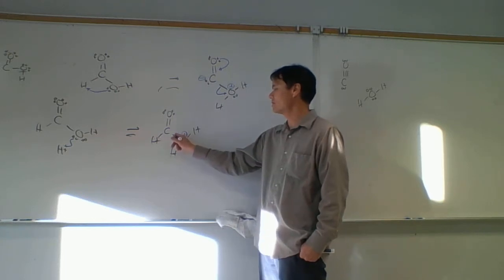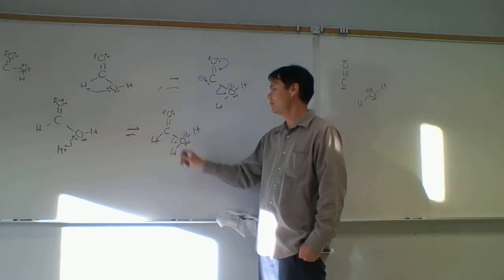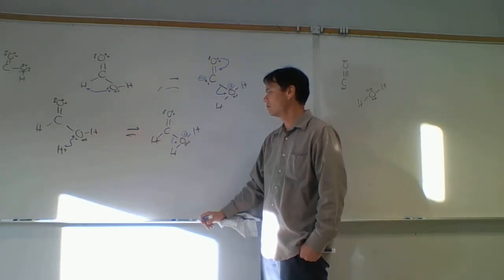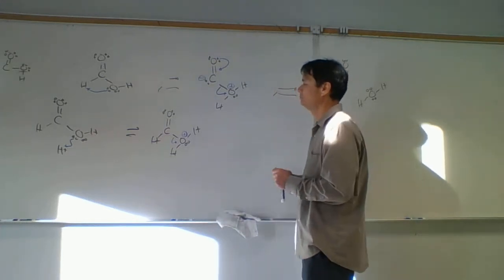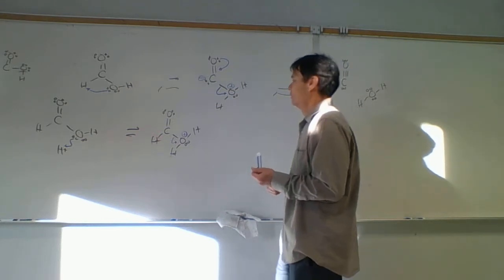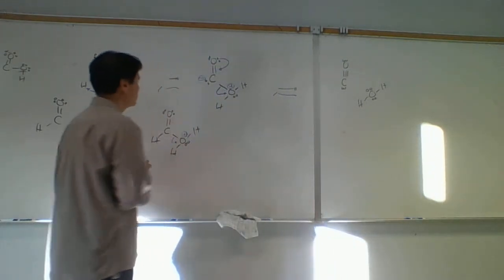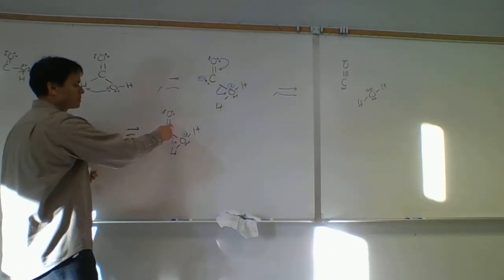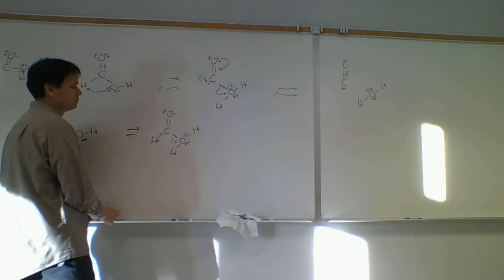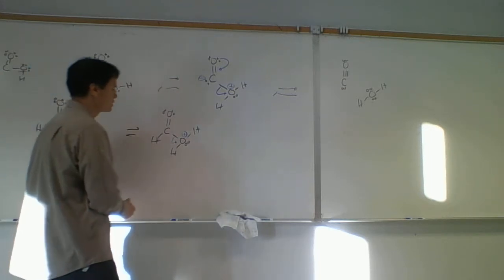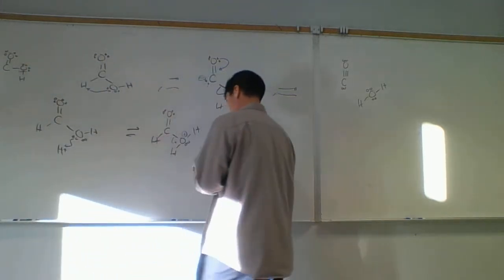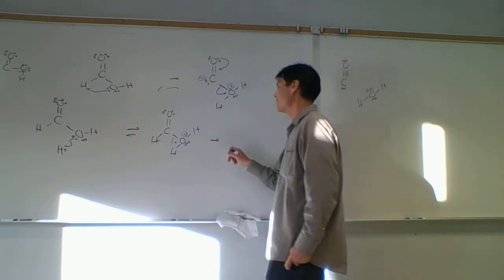And so what it's going to do is it's going to pull the electrons from there. So if it pulls the electrons from there, then carbon's going to be left with less than an octet. So we should try to fix that here. We're going to end up with something like this.